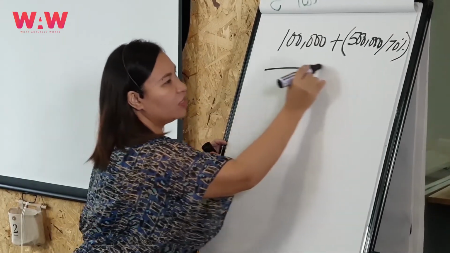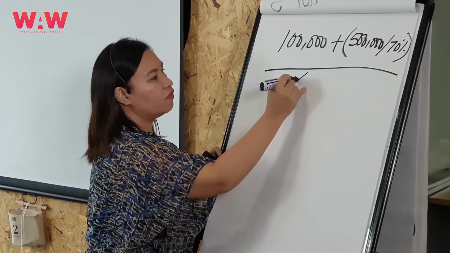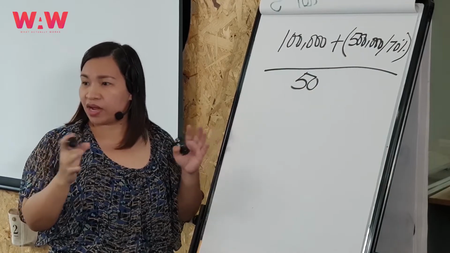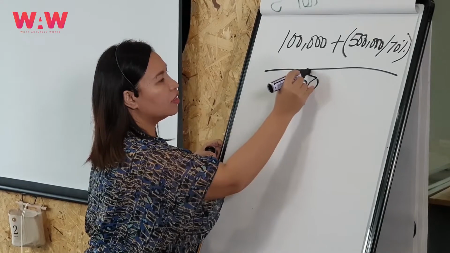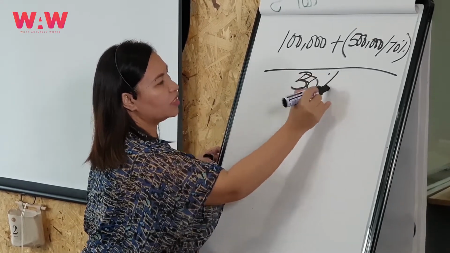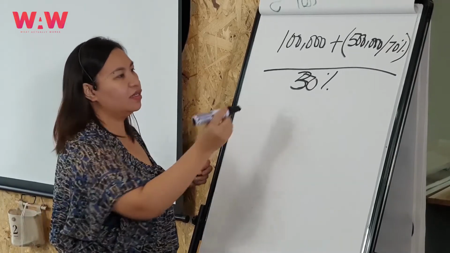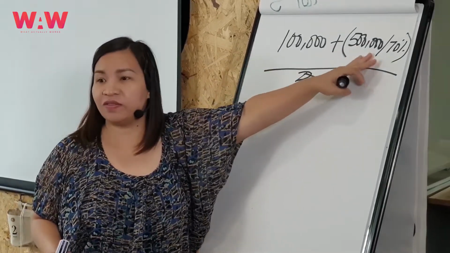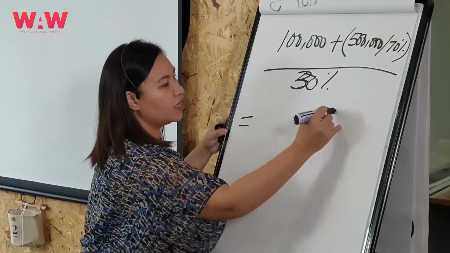And then you divide that by your contribution margin of 30%, because we added a buffer of 10%. So how much is 500,000 divided by 70%? That's 714,000.